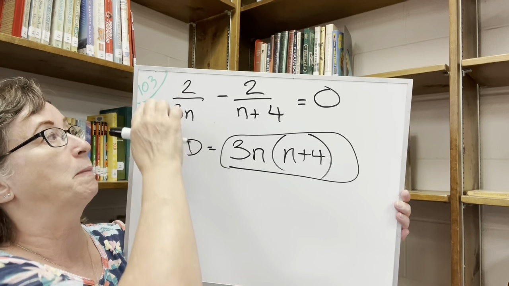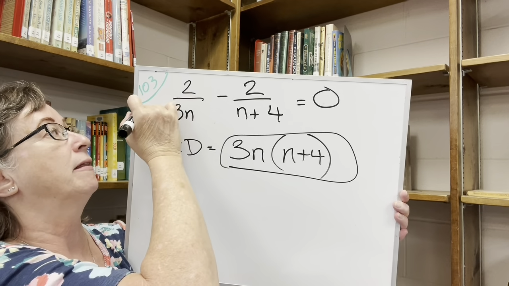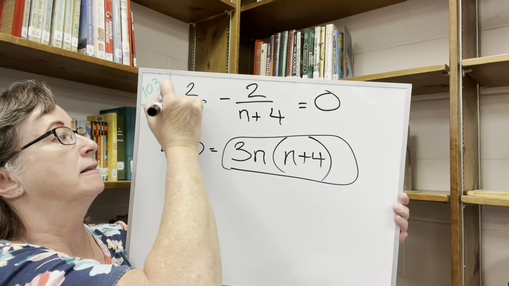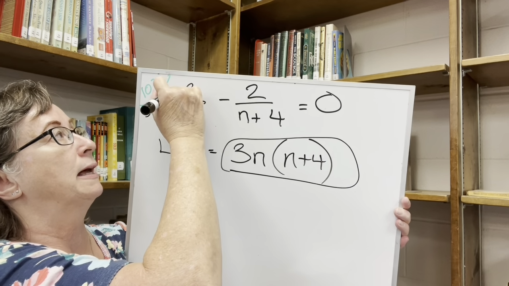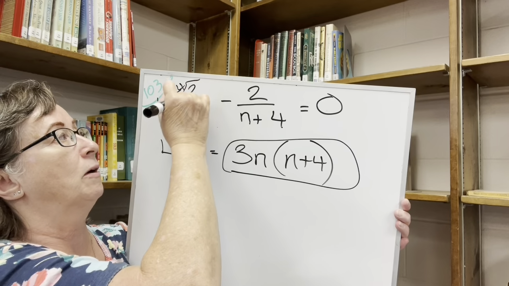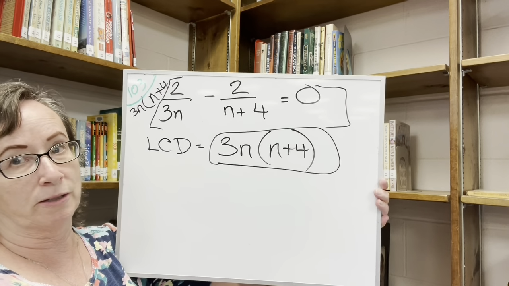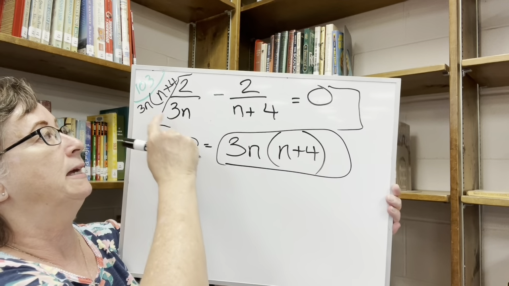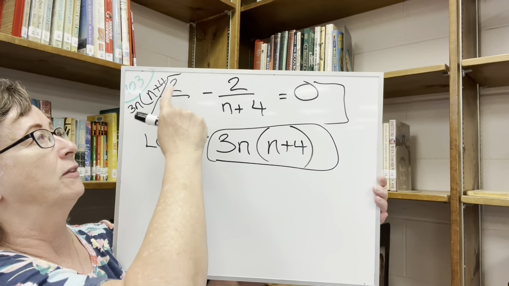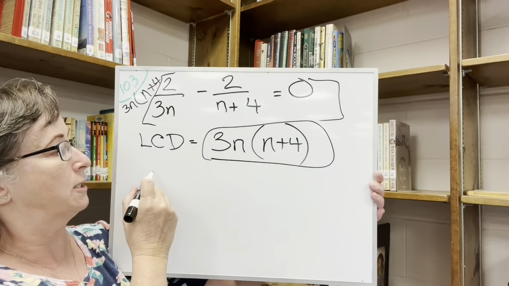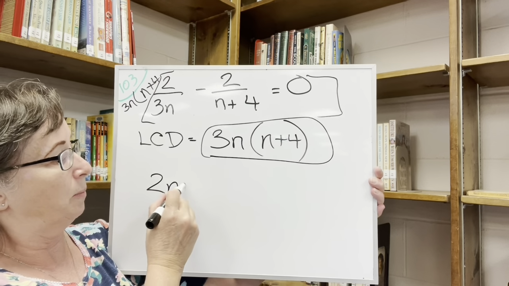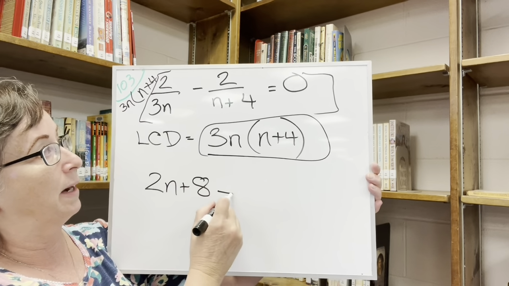So I'm going to multiply all the way across by 3n times n plus 4. And that's going to go all the way across both sides of the equation. So now the 3n and the 3n will cancel, and the 2 will be multiplied by the n plus 4, and I'll get 2n plus 8 minus.